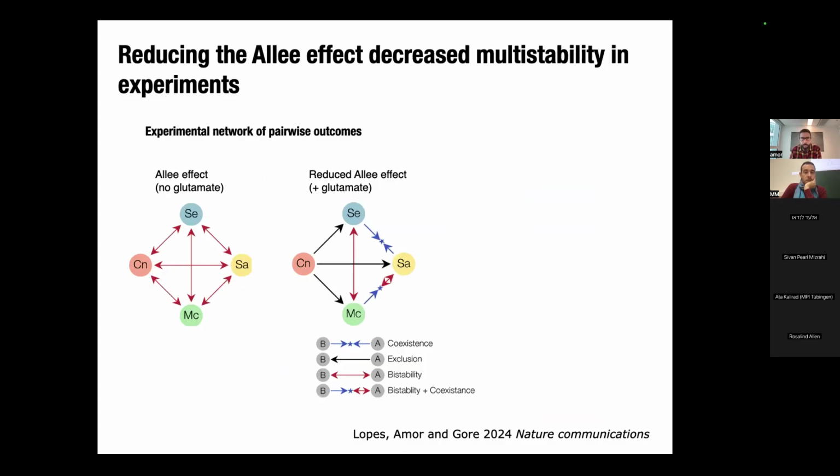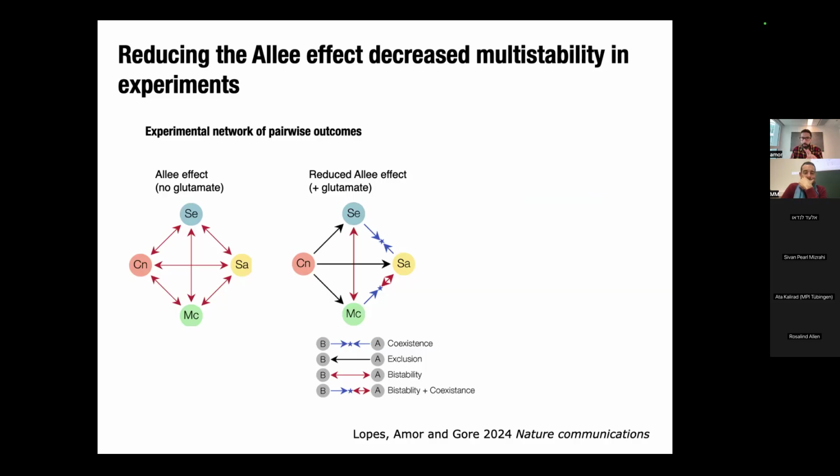So just to summarize what happened in the absence of glutamate, we have a lot of cooperative growth, and this led to many cases of bistability, between all the pairs of these four species. But when we have reduced this cooperativity or the Allee effect by adding glutamate, then there were only two alternative stable states. Either SE and SA were coexisting, or MC and SA were coexisting as well.